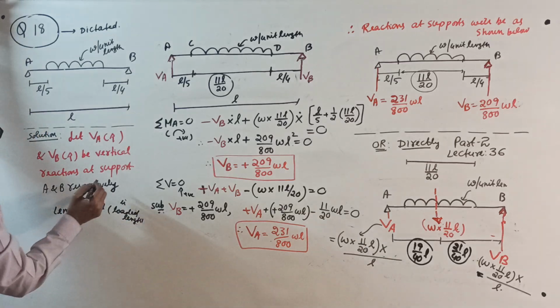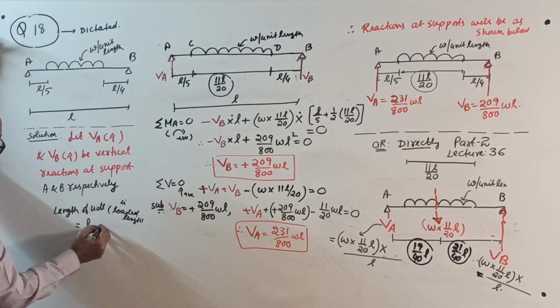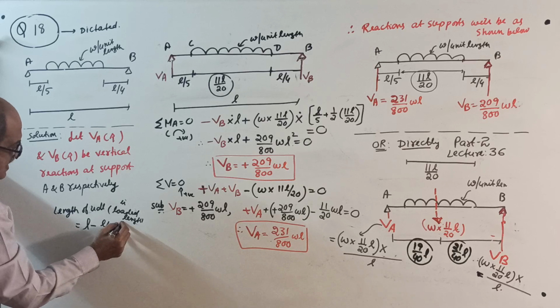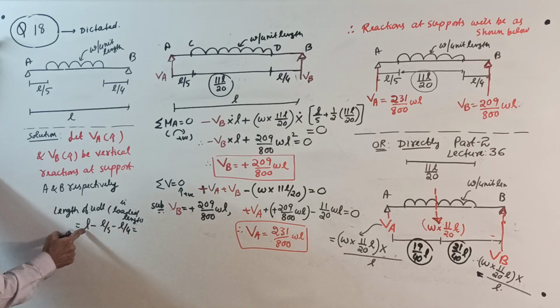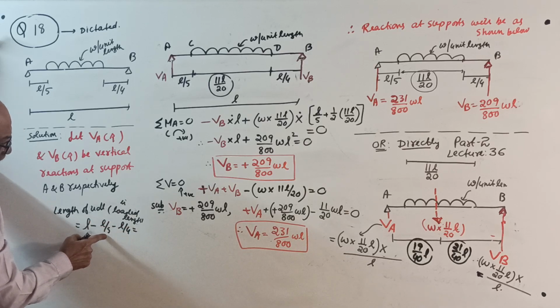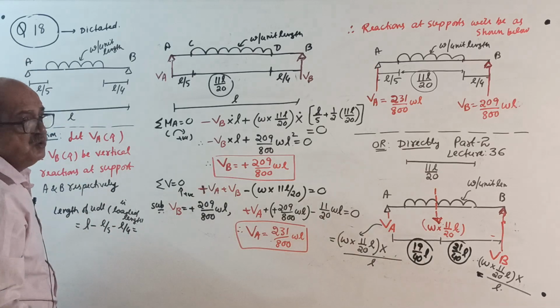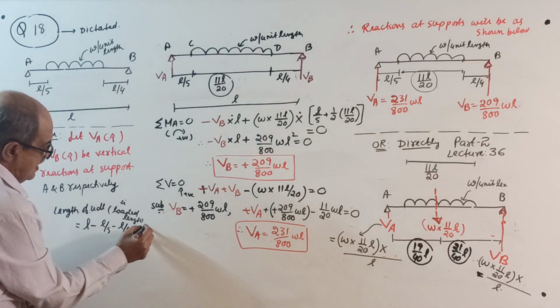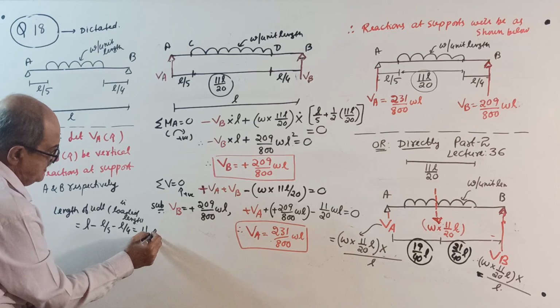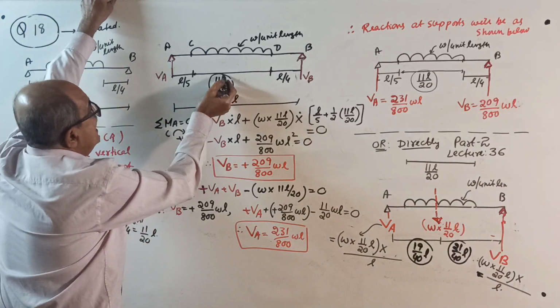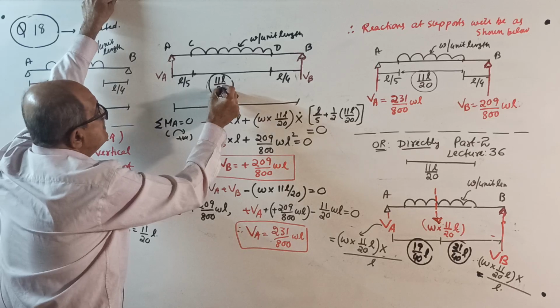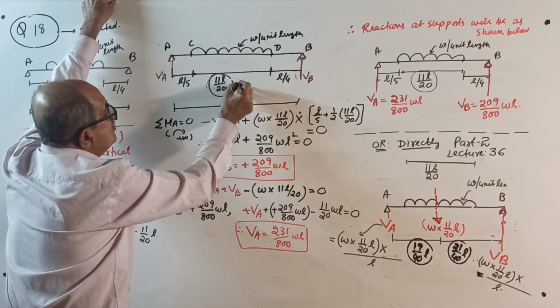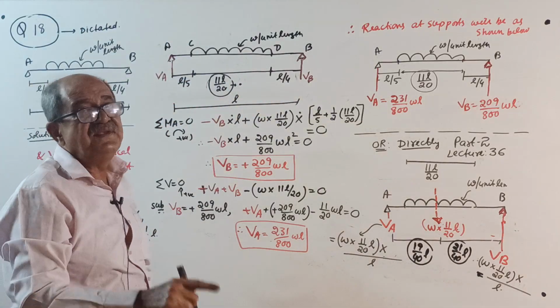Loaded length equal to L minus L by 5 minus L by 4. So 1 minus 1 by 5 minus 1 by 4, use a calculator, it will come 11 by 20 times L. That's how I got 11L by 20. Remember, it is not given, you write here, it is not given, it is calculated.